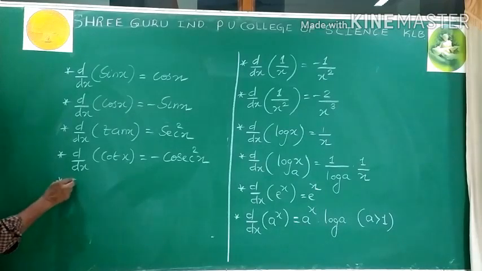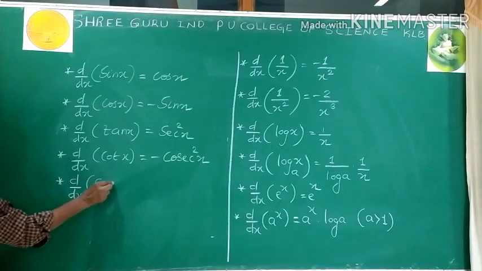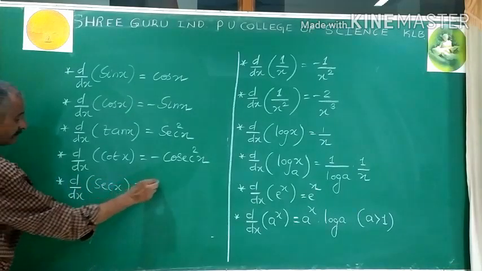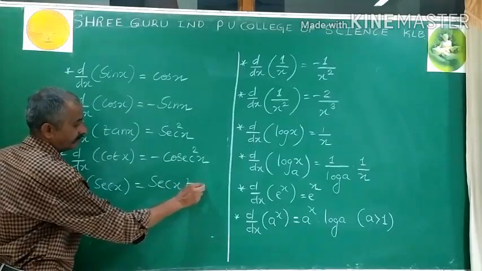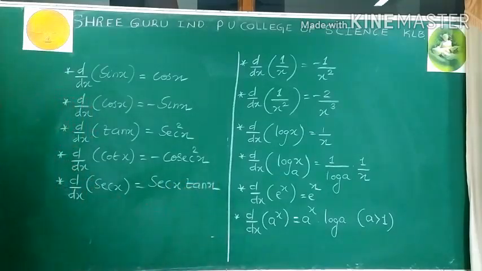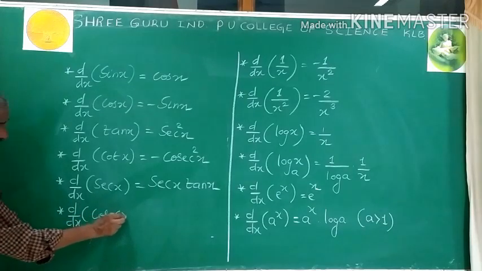The next formula is the derivative of secant x, which is equal to sec x into tan x. Next, the derivative of cosec x is equal to minus cosec x into cot x.